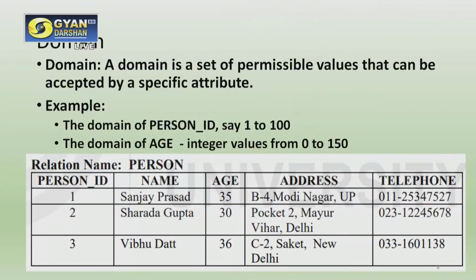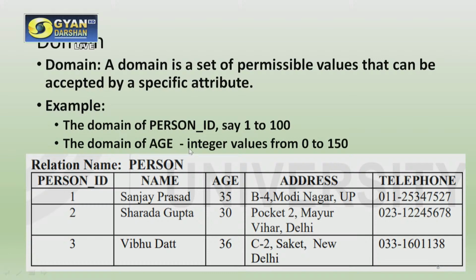A domain is a set of permissible values that can be accepted by a specific attribute. The example here is that the domain of person ID, say, can be from 1 to 100, because we are assuming that there are only 100 persons in this particular situation.